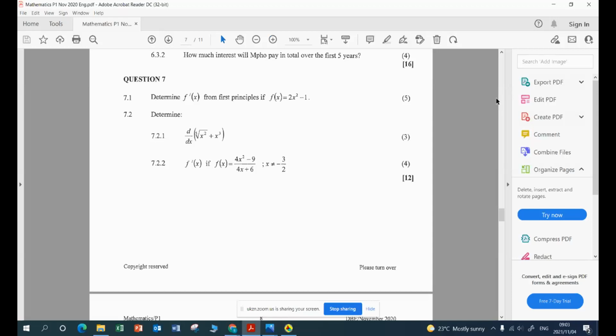Question 7 is based on calculus. The first question is find the derivative from first principles. Given f of x equal to 2x squared minus 1, find f prime x.